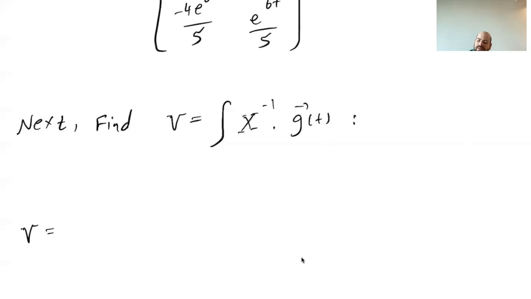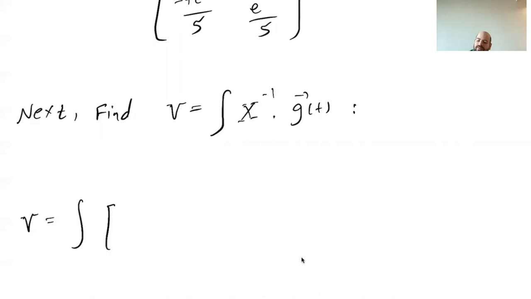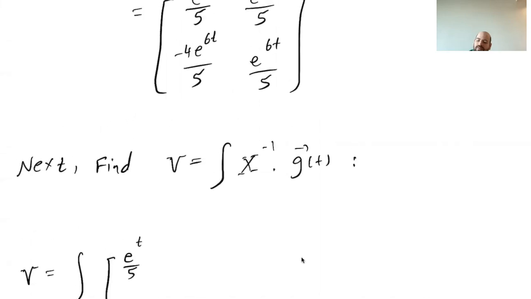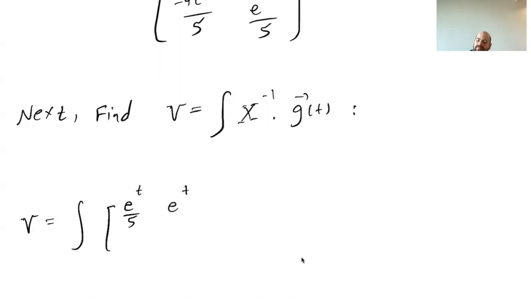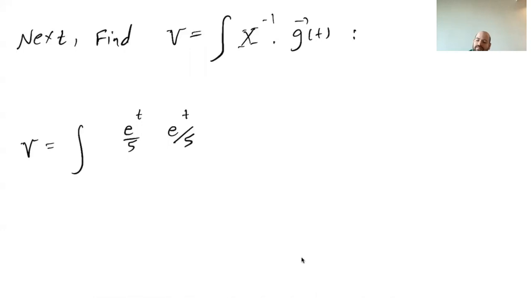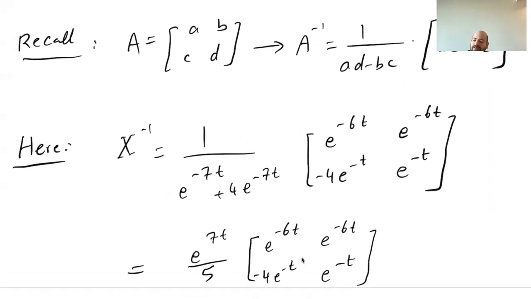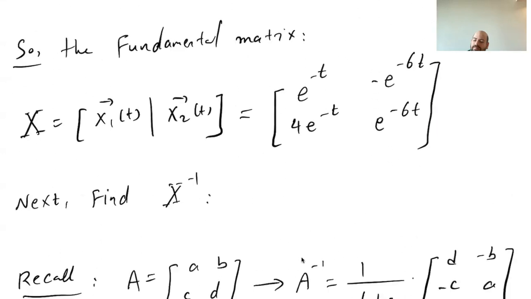V equals the integral of X inverse, which is what we had here: e to the power t over 5, e to the power t over 5, minus 4e to the power 6t over 5, and e to the power 6t over 5, times this vector here, which is g of t.